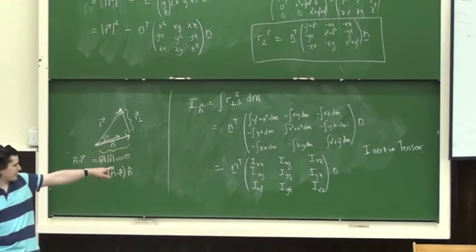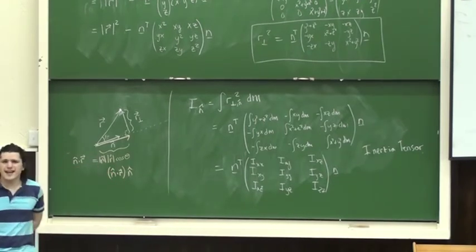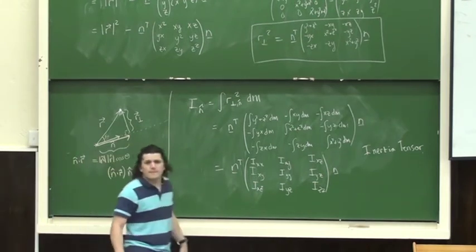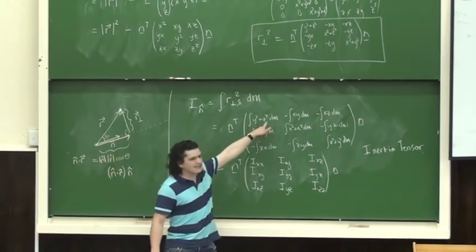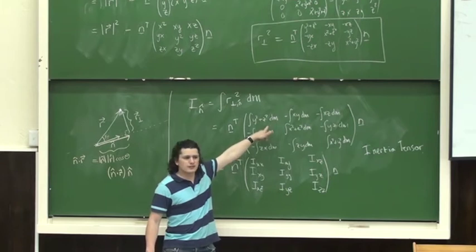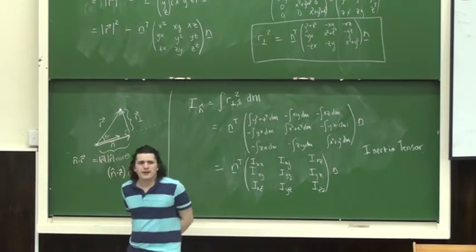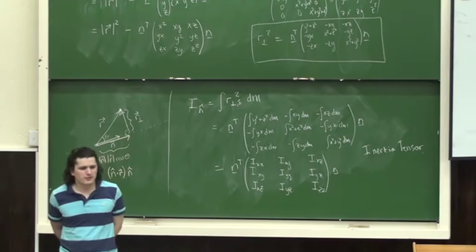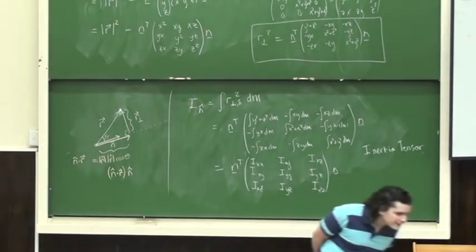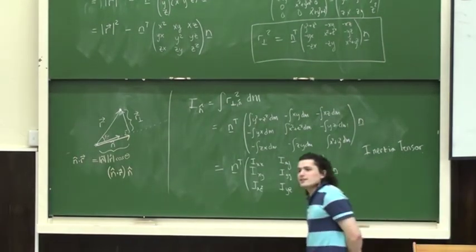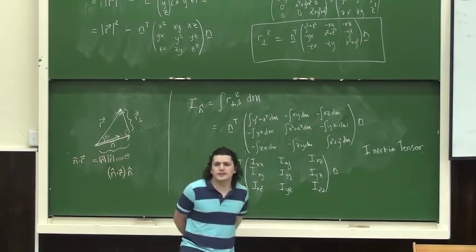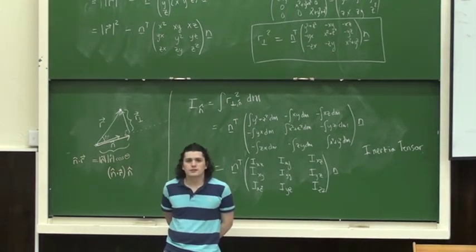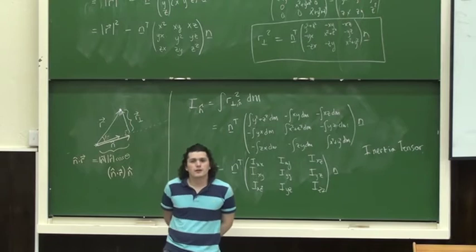What about the entries? What can you tell about the entries of the matrix? These are squares. The square of a real number is always non-negative.